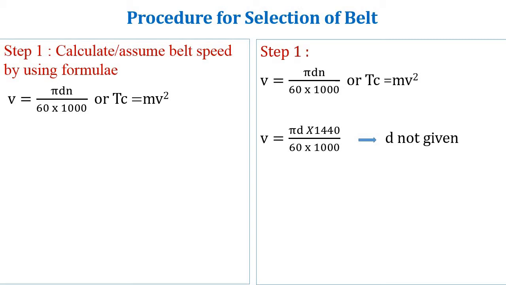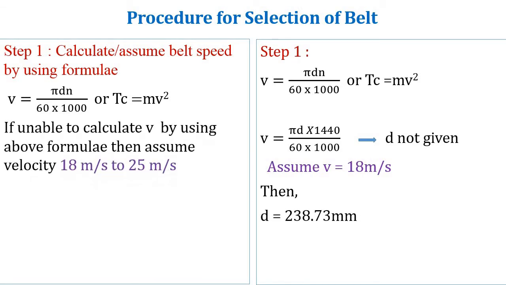If we are unable to find out the velocity by using both formulae, at that time we have to assume velocity in the range of 18 to 25 meter per second. If we assume velocity 18 meter per second, then we'll get d equal to 238.73 mm. Now we'll move to step 2.